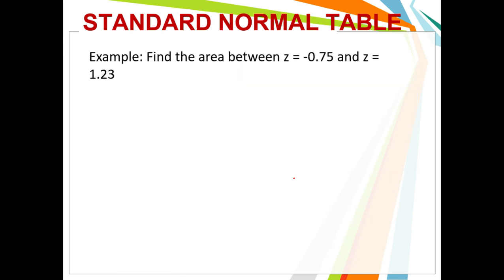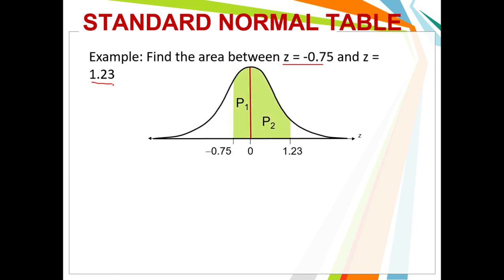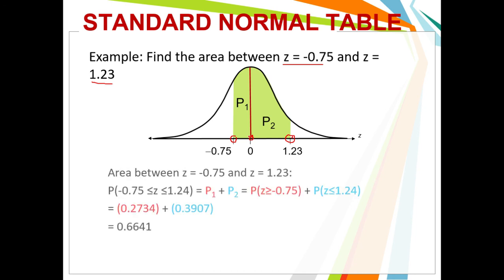Okay, so ito dalawang values. Find the area between negative 0.75 and 1.23. So let's look for the values dyan sa table. I leave that sa inyo to find sa table. But this will be our curve, so we have negative 0.75 and positive 1.23. So we simply have to add the two probability areas, the P1 and P2.